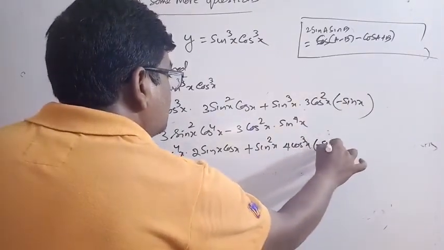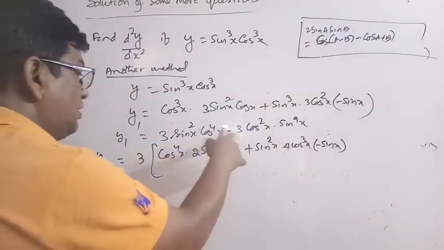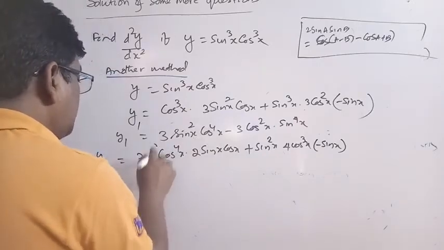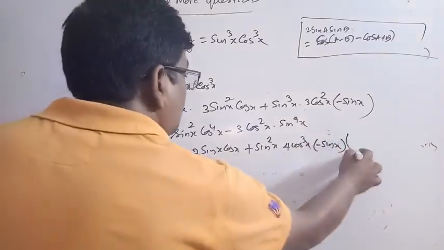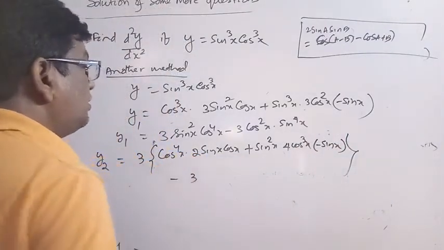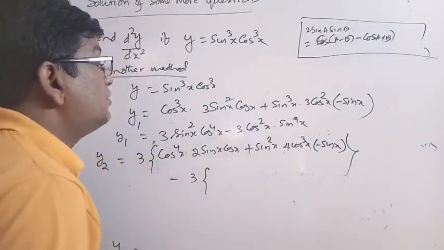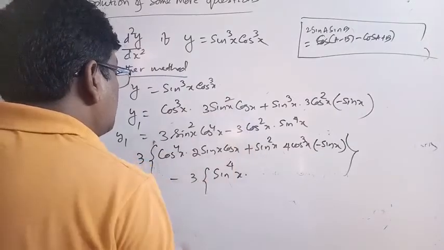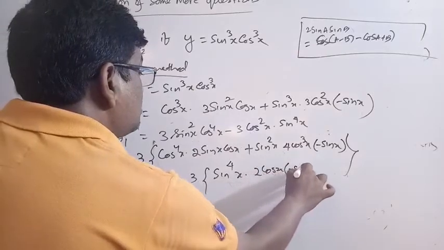Minus sin x. This is one part, and another part is minus 3 into the derivative. This is derivative of what? v du means sin 4x into derivative of cos square x, means 2 cos x into minus sin x.